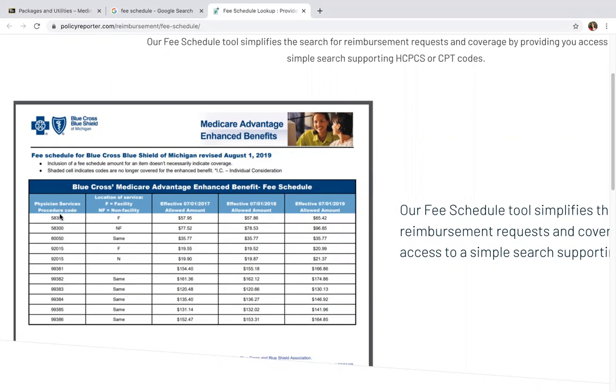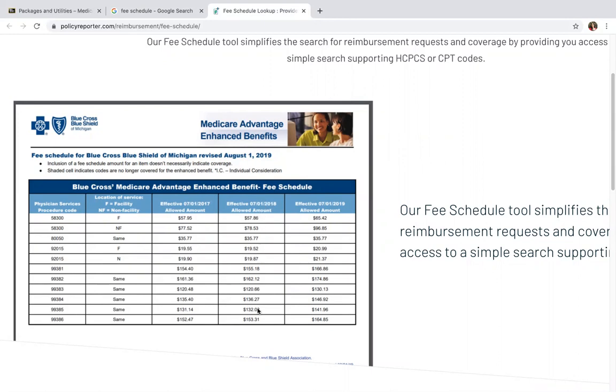So if a 99201 was considered a new patient level 1 or very basic office visit, that a 201 is typically the non-physician office visit, meaning the patient just saw the nurse or something like that. Then what I would do is give the description, and then I list the amount that we would charge if we were charging the patient out of pocket, meaning the patient didn't have insurance, they were just paying out of pocket with cash.